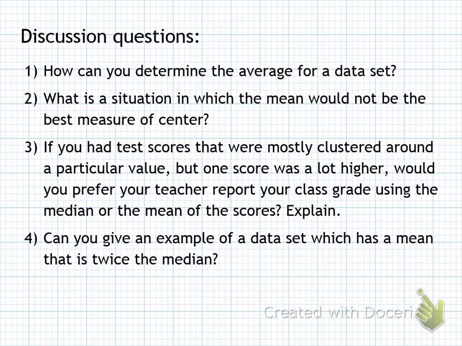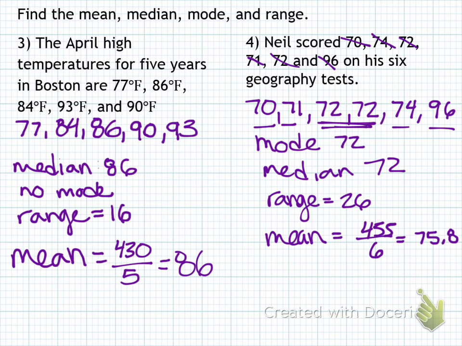If you had test scores that were mostly clustered around a particular value, but one score was a lot higher, would you prefer your teacher report your class grade using the median or the mean of the scores? This is pretty similar to the last question, and also to the test scores example, this one right here.